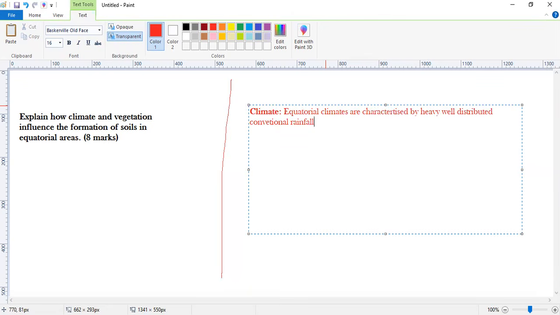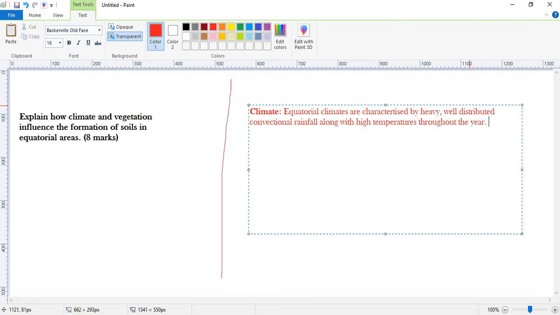You can just choose your words properly. So equatorial climates are characterized by heavy, well-distributed convectional rainfall along with high temperatures throughout the year. All right. We should be able to get at least 1 or probably 2 marks right there.